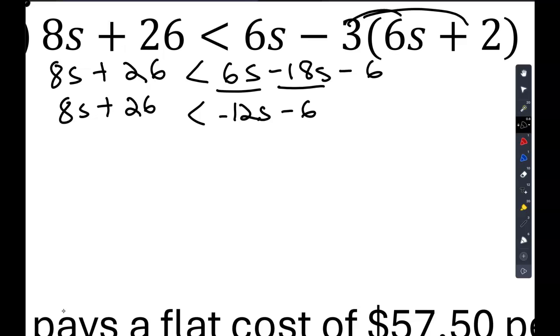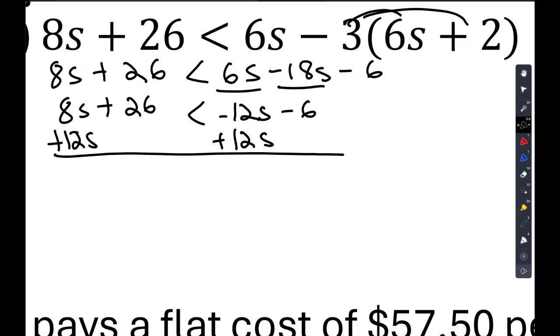And now we have variables on both sides and numbers on both sides. We're going to move the letters to the left, numbers to the right. Instead of subtracting 12, we add 12s on both sides, like so. This will cancel out. 8 plus 12 is 20s plus 26 less than negative 6.